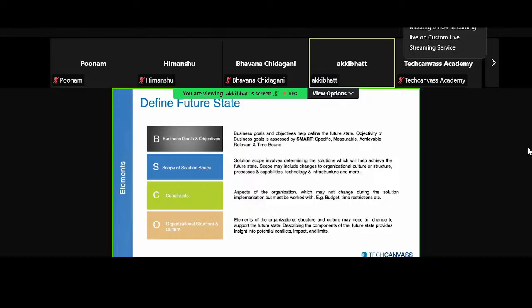So when you undertake business capability assessment within the organization, you will find out that there are certain capabilities that you can continue on. There are certain capabilities that you need to improve, so that you can stay in the competition, stay in the market, or you can add more value to your organization. And always understand that those goals are SMART: specific, measurable, achievable, relevant, and time bound, so they can be finished within a particular time frame.